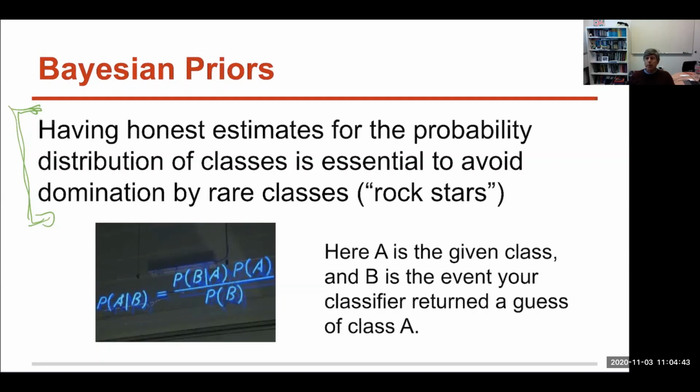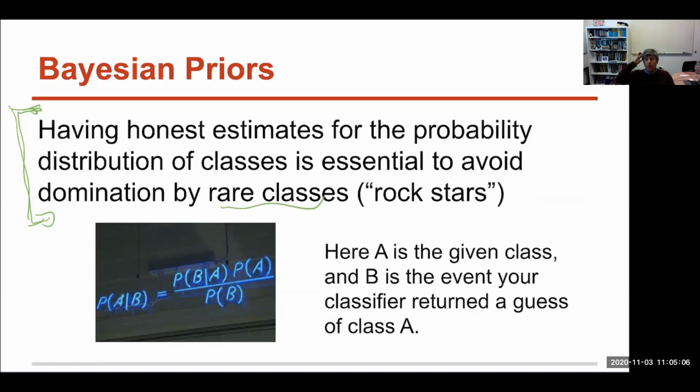We once built classifiers in Wikipedia to try to predict what category somebody was in. There are a large number of young people, but very few rock stars, okay?